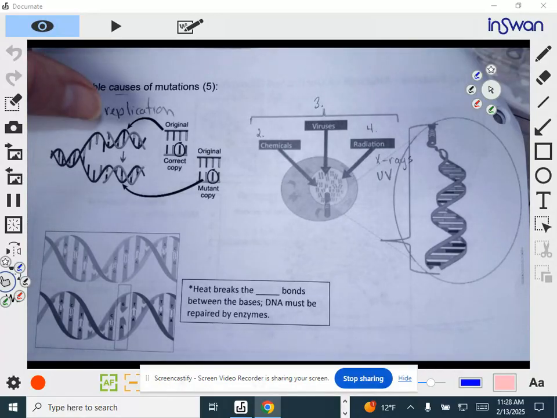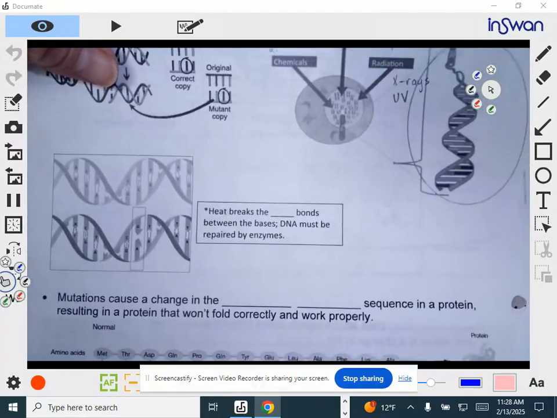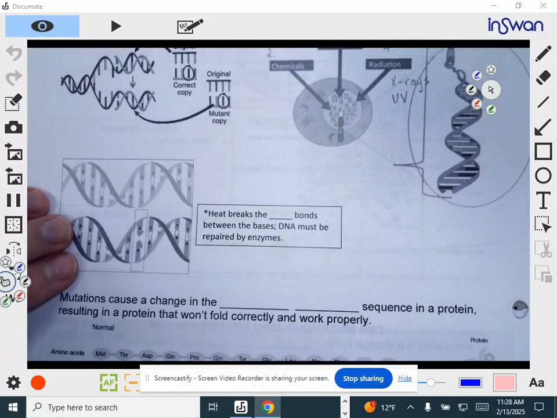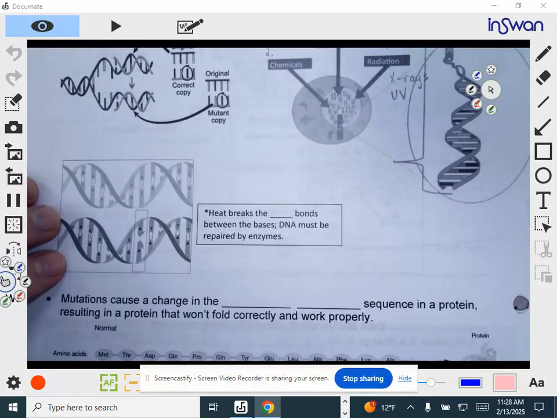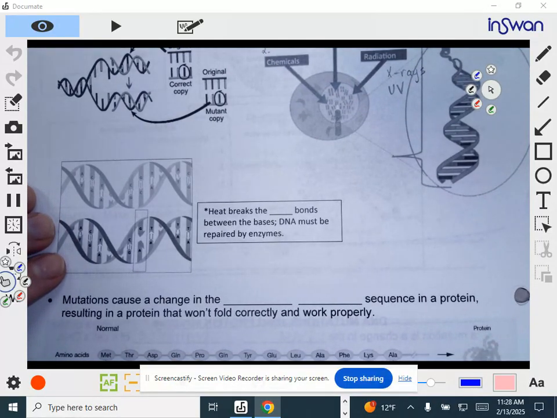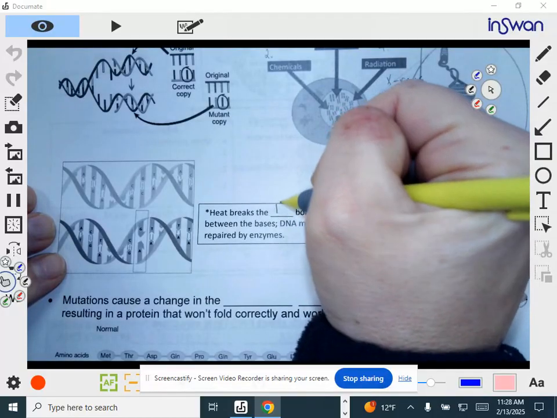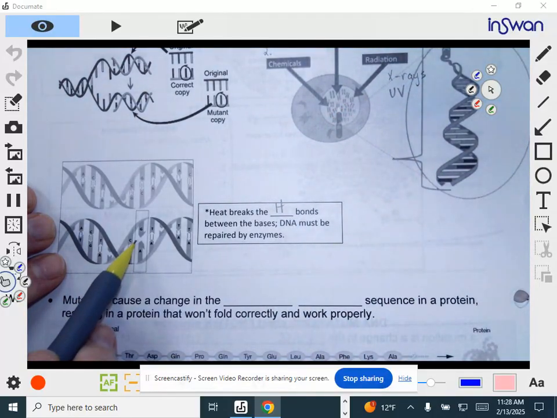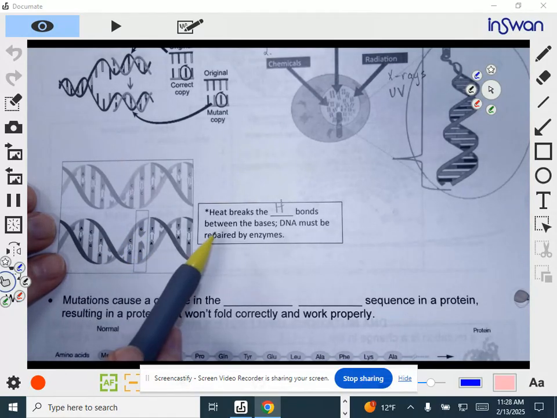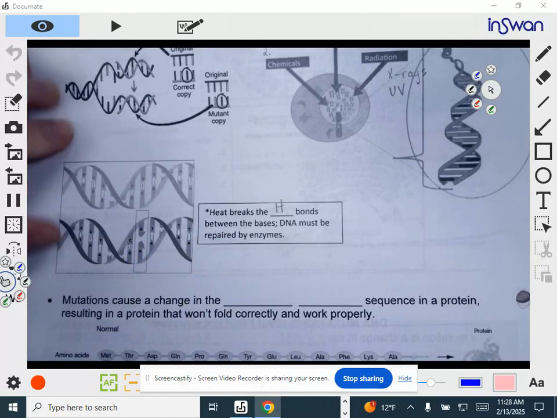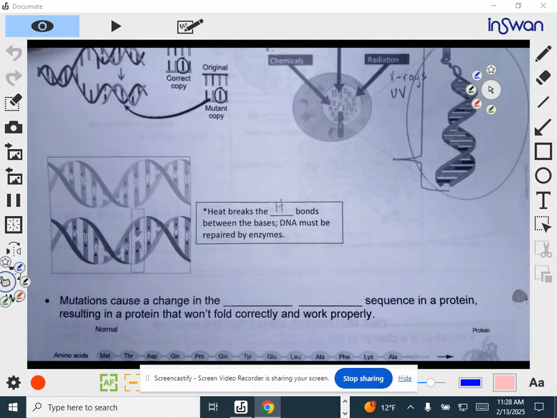And then we also mentioned high heat. So heat can break these bonds that are holding these different parts together in our DNA molecule. This one's showing you heat is breaking those hydrogen bonds right there. But anyway, we've changed the shape of DNA. So high heat can be considered a mutagen because it can lead to changes in the structure of DNA.